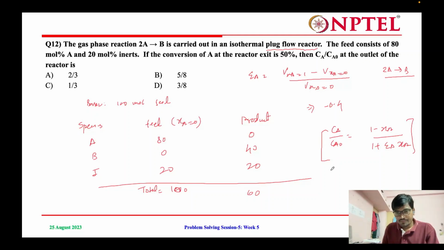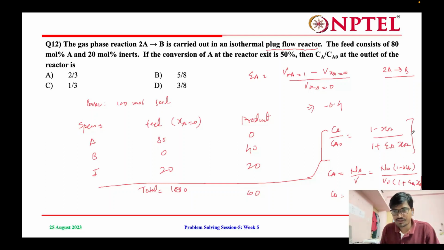So this relation becomes C_A = N_A / V, which you can write as N_A0 (1 - X_A) over V naught (1 + epsilon_A X_A).